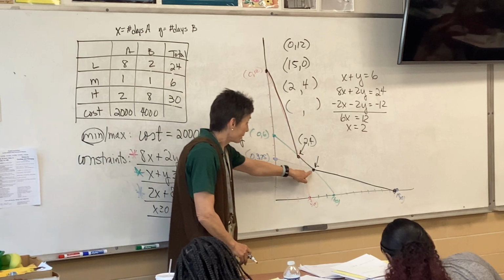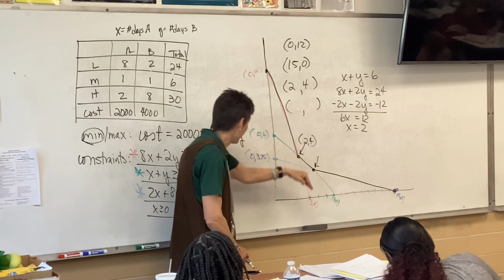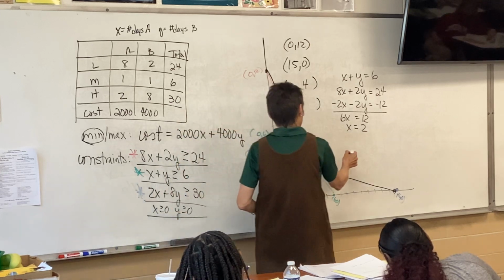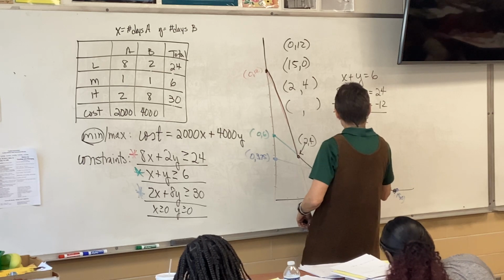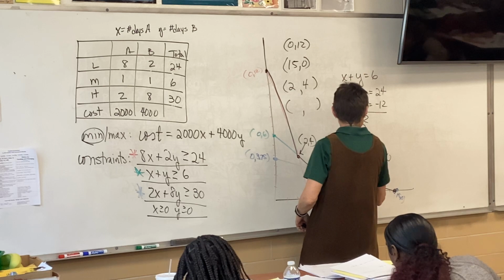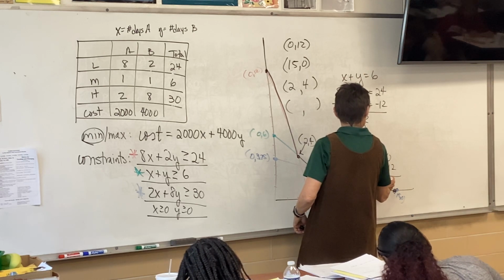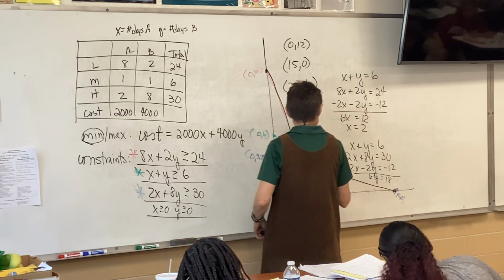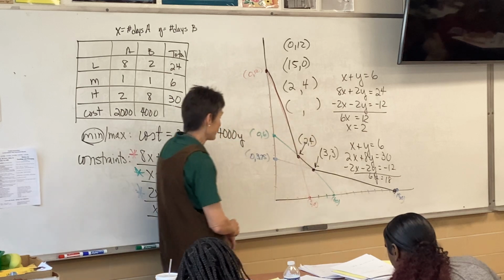Now, that guy is the intersection of blue and green. So I got 3, 3 for that one.